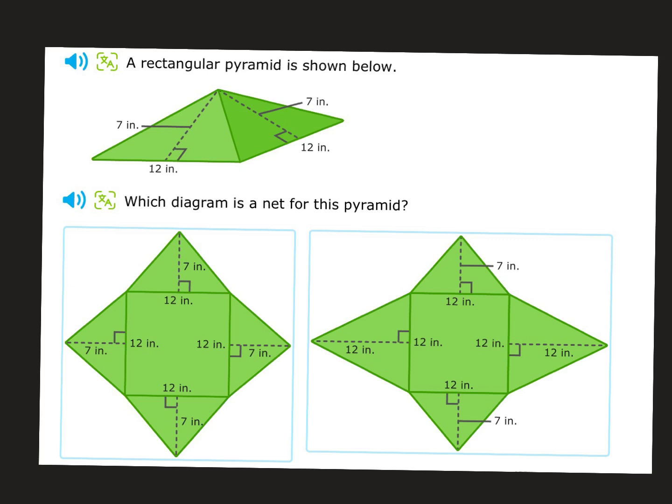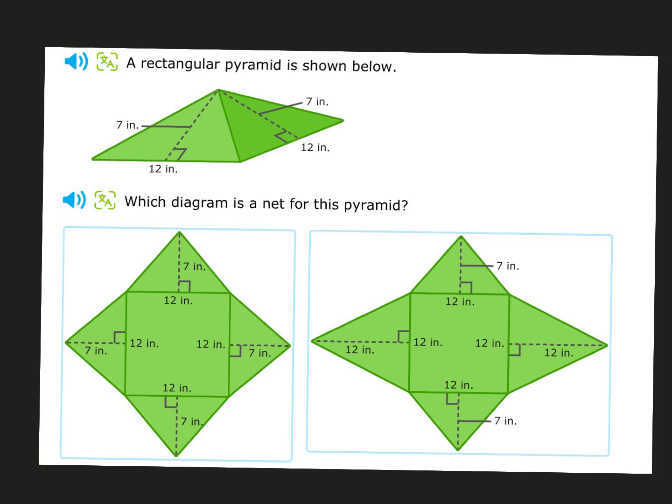So the first thing that we want to recognize is which net is going to fit, and we really need to pay attention to our measurements of our faces. So we know that this base is 12 and this base is 12, and this slanted height is worth 7, and this slanted height is worth 7.